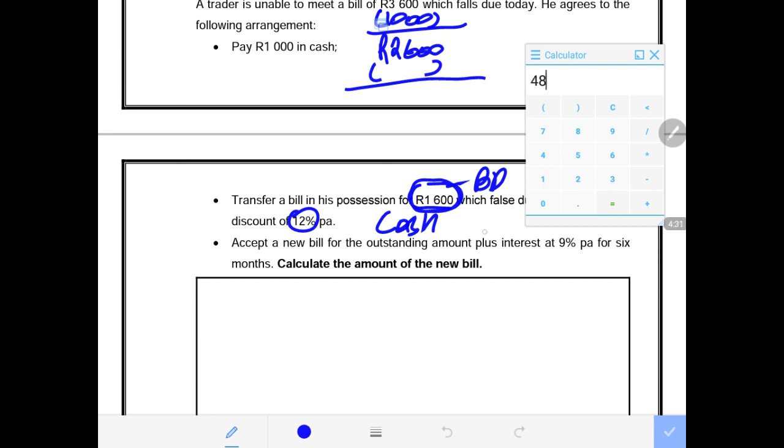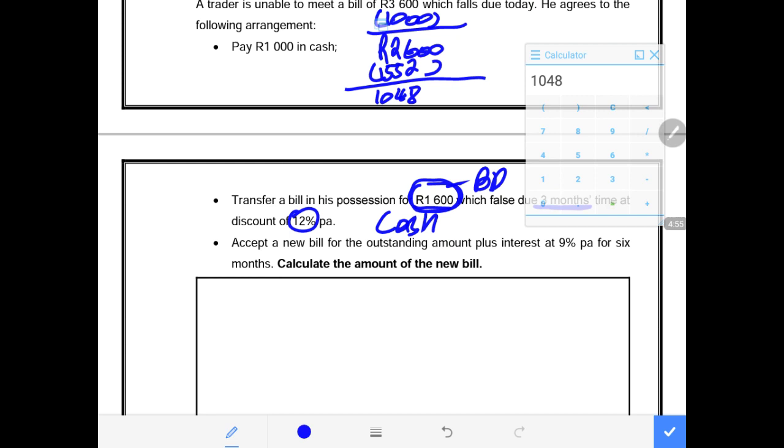Then the bank will say, I'm going to deduct 48 rand from the 1,600, which will be my interest. So this person will get a cash of 1,552 rand. Then you say minus 2,600. That means this person still owes 1,048 rand.